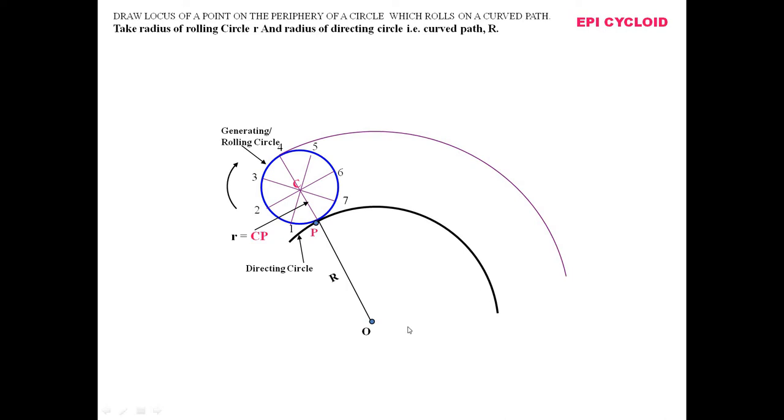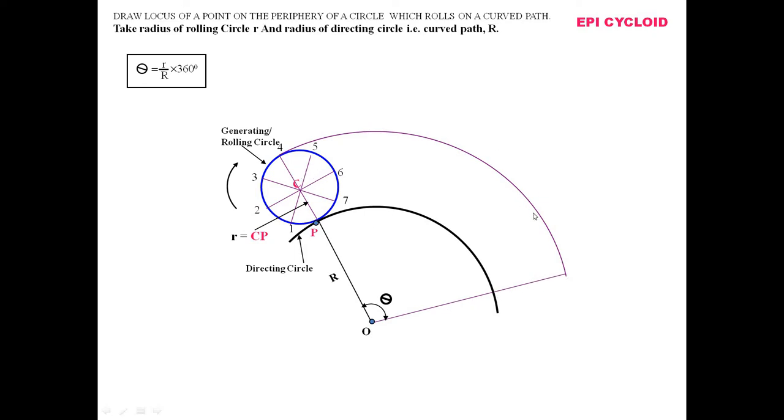To close this arc we need an angle theta. That theta is given by the rolling circle radius divided by the directing circle radius, multiplied by 360 degrees. So in this way we'll get theta. Then we draw this line, and this line closes this arc.